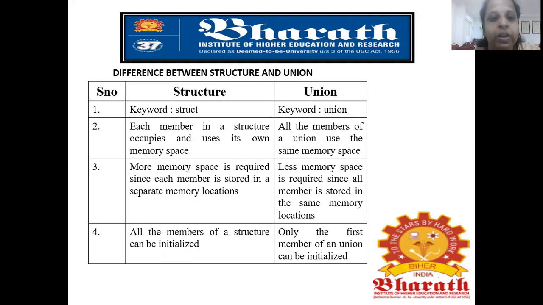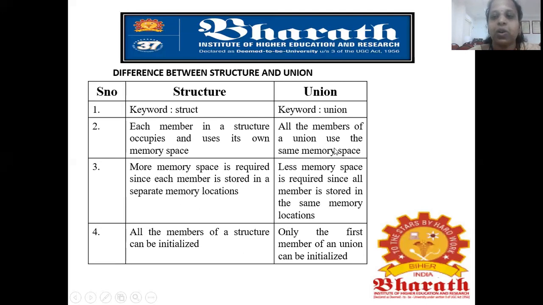Next we'll see the difference between the structure and the union. We can categorize this difference between the structure and union. The first difference is the keyword: the keyword for the structure is struct, and the keyword for the union is union. Each and every member in the structure occupies its own memory space. But in the union, all the members use the same memory space.